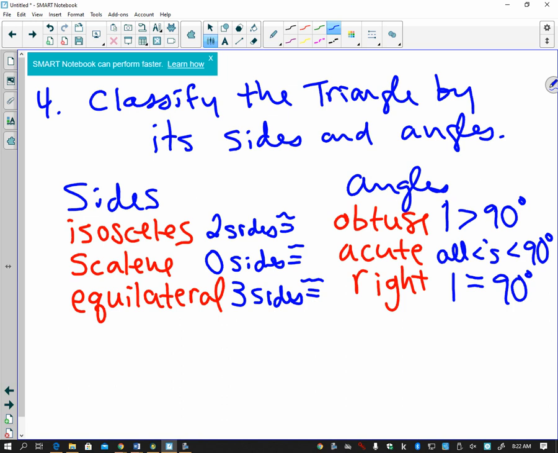Okay, so I'm not going to show you what kind of triangle they're going to give you. You just need to know that you're going to get a triangle, and it could be isosceles right, could be isosceles, I'm guessing you might be able to get isosceles acute or isosceles even obtuse. Scalene, equilateral, okay? You want to look at those things, make sure that you know what they look like.